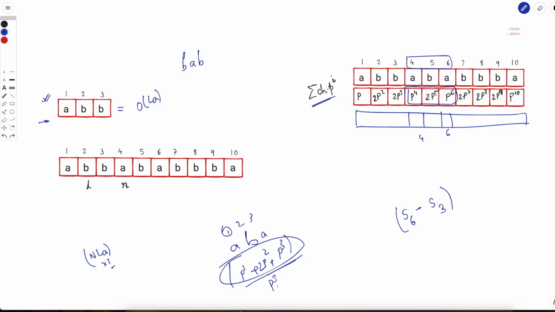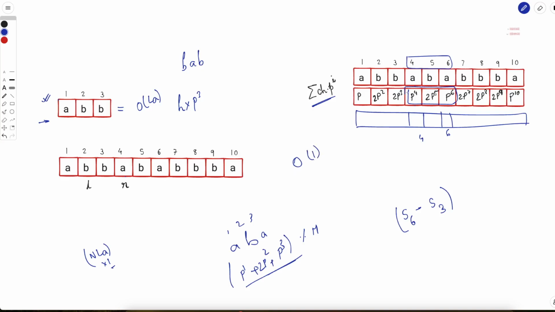Now division can be hard, because you will also keep on taking modulus so that things don't go beyond 64-bit integer. So instead of division, what you can do is multiply this h by p power 3 and then compare. That is a standard way, right? So that way you are now able to figure out the hash of a substring in just order one time.